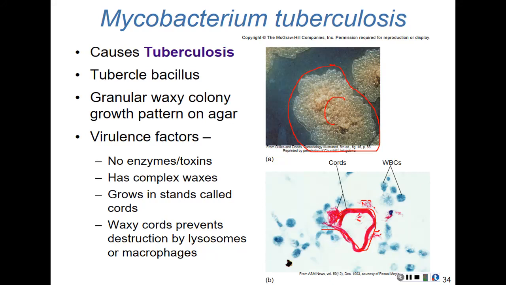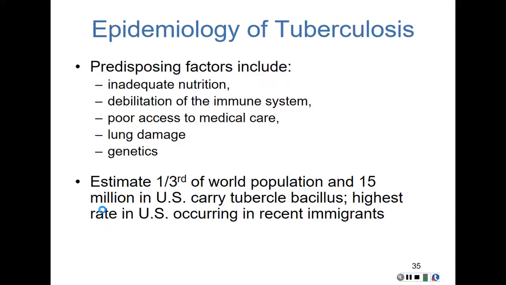This is not one giant bacteria. That is hundreds of thousands of bacteria that are stuck together. And this plays into the pathology of what happens in the lungs, which we'll talk about. The fact that this waxiness prevents phagocytosis and destruction, that's a virulence factor in itself.